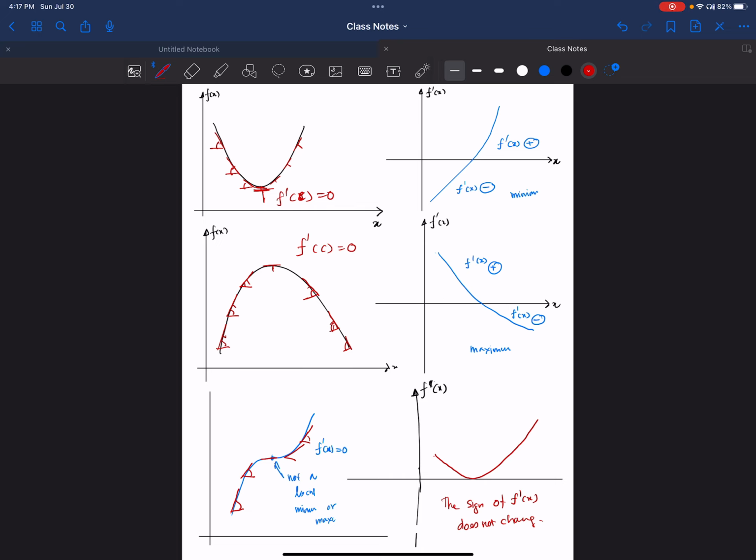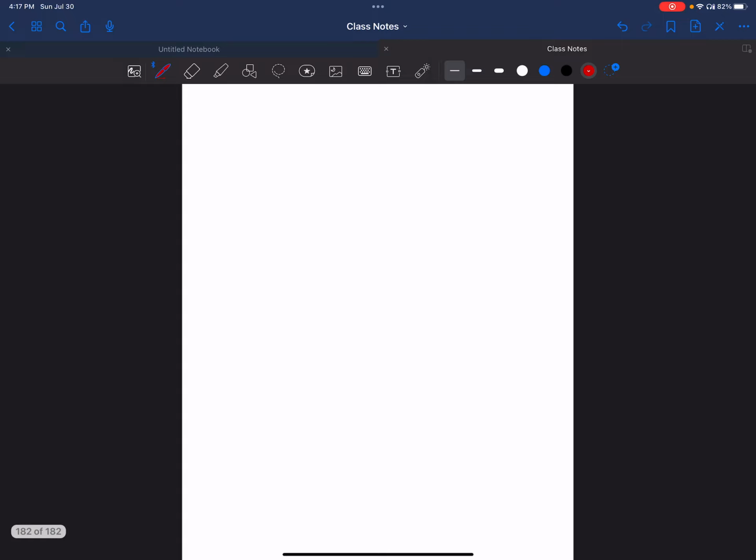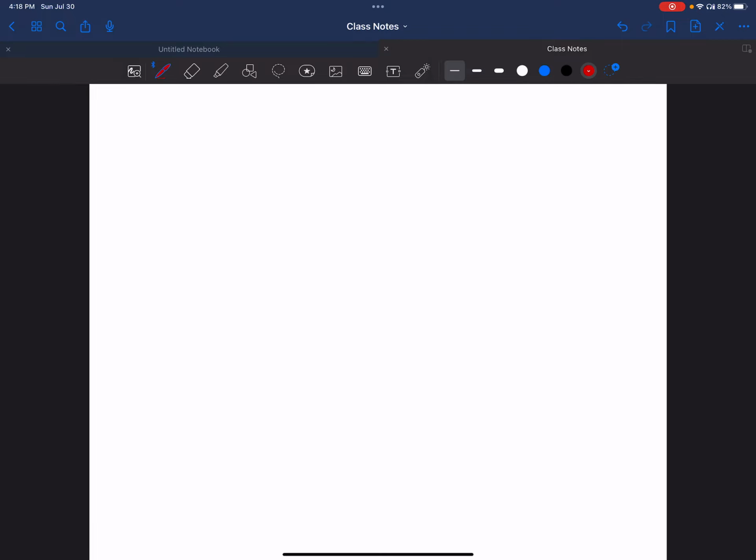One other special case of the mean value theorem is called Rolle's theorem.